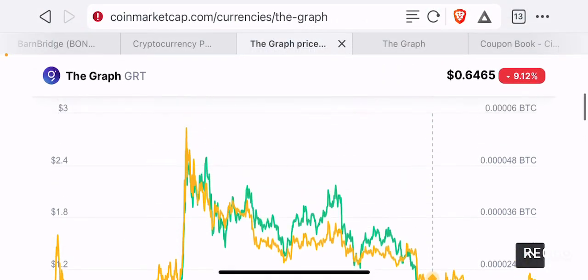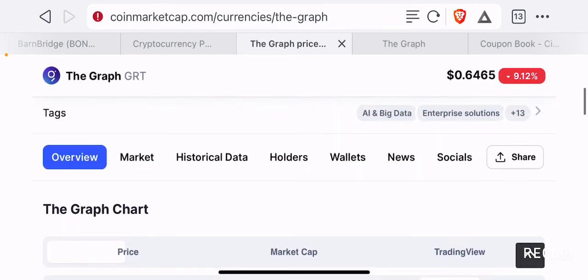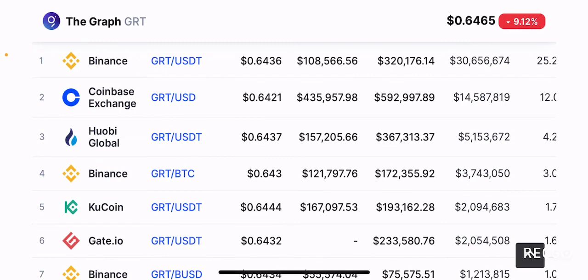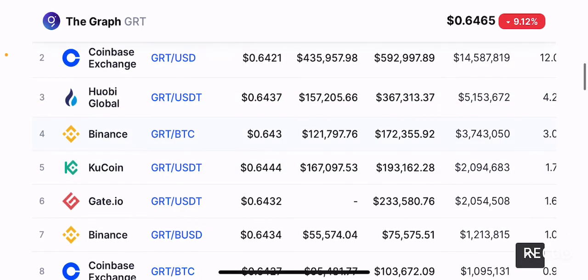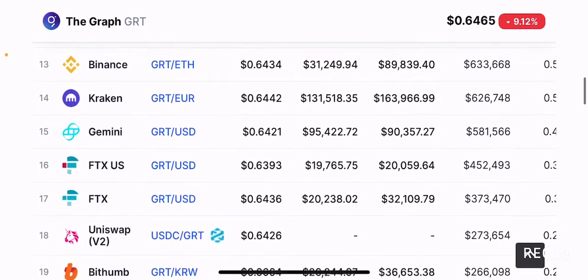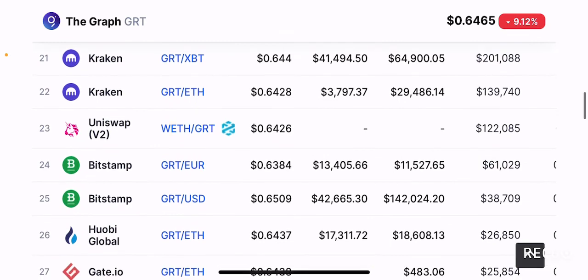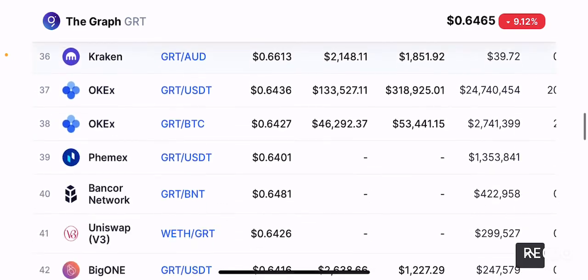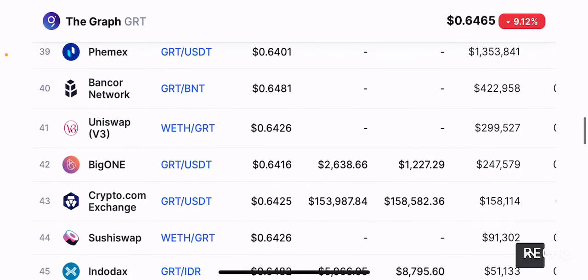So looking at the market where it's available at, you can clearly see that this token has ample liquidity, not only on Binance but also on Coinbase, and even on Huobi Global, which is also a tier 1 exchange, and you can pretty much find it on every single major exchange in the world, and obviously on Uniswap, which is probably one of the main decentralized exchanges to buy Graph.